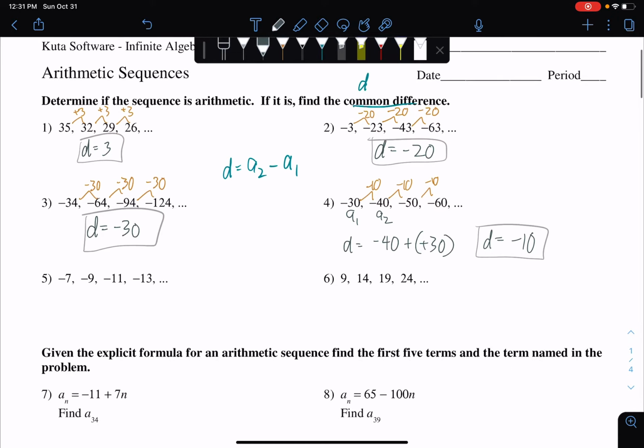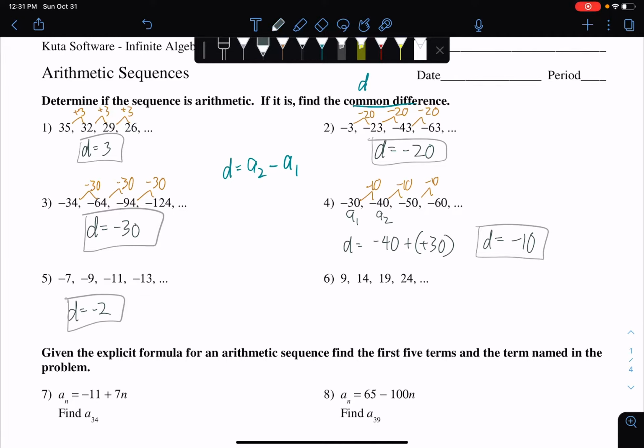For number 5, negative 7, negative 9, negative 9 minus negative 7, our answer for d is negative 2. Let's just place it there.